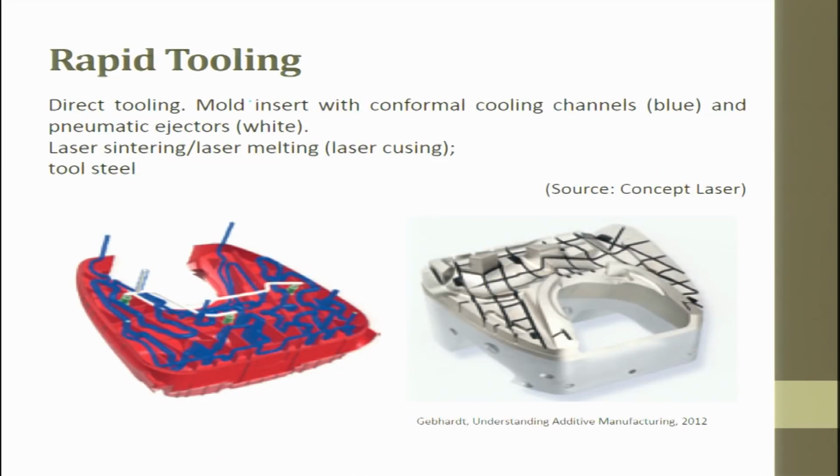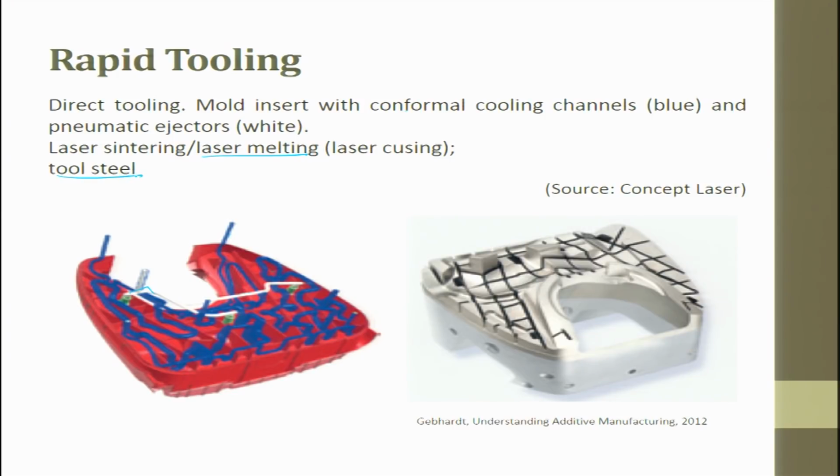So, direct tooling is the mold insert with conformal cooling. These are conformal cooling channels in blue, and the pneumatic ejectors are white. This is made by a process called laser sintering or selective laser melting.